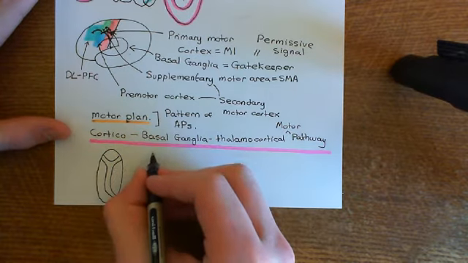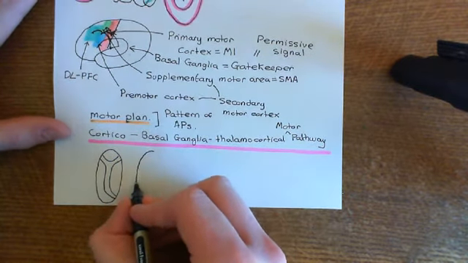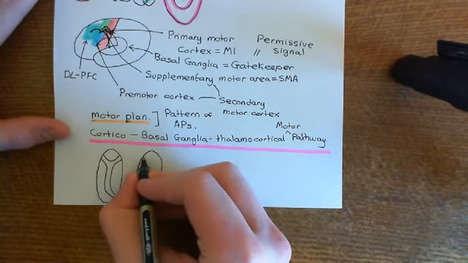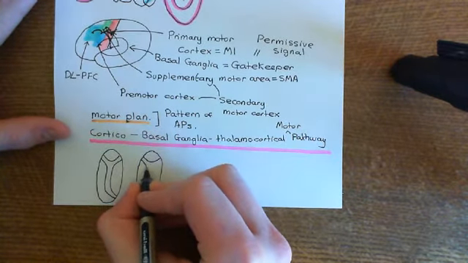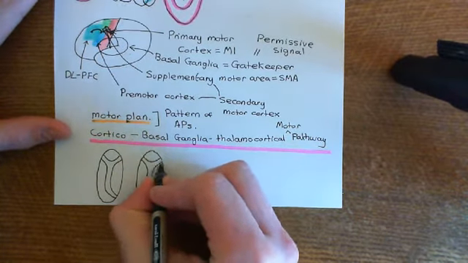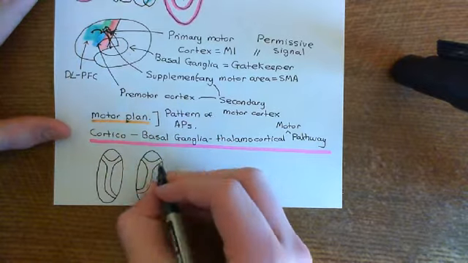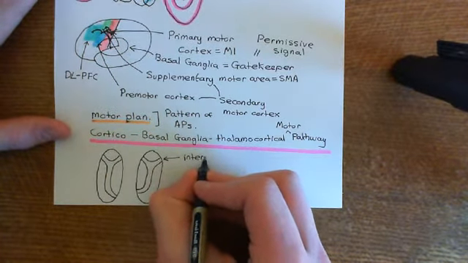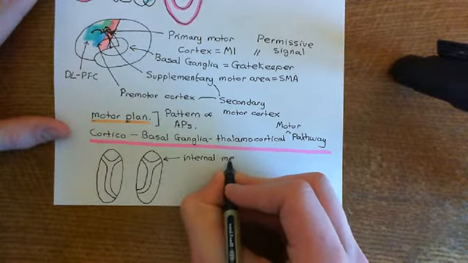I'll also show the right thalamus to show how they're bilaterally symmetric. Here's the right thalamus, and again the internal medullary lamina will loop off like this to the medial aspect, basically.